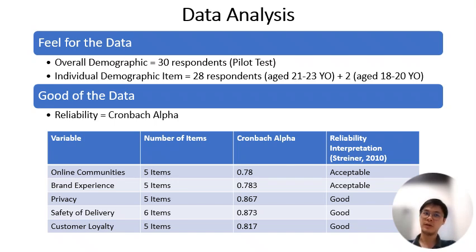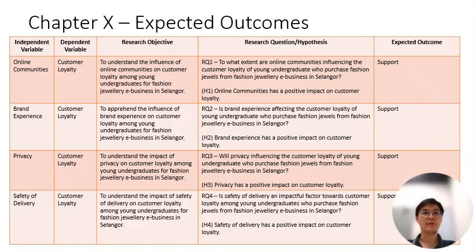Whether this is good data, after the pilot test the researcher has done a quick analysis, and the reliability interpretation is mostly good for privacy, safety of delivery, and customer loyalty, and the other 2 are acceptable. So it's still okay. So these are the outcomes, and the researcher is hoping that all the hypotheses can be achieved.